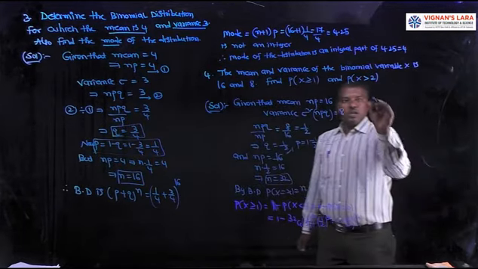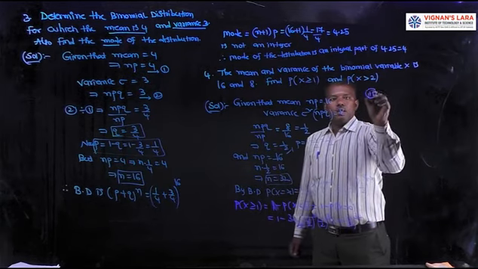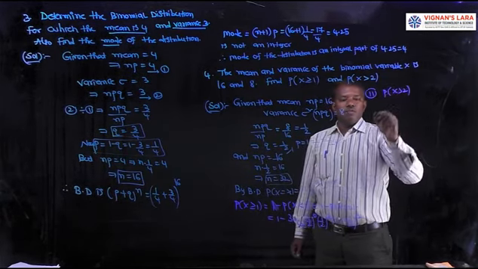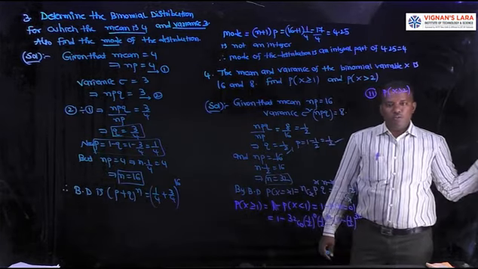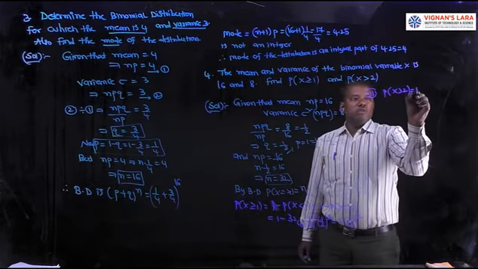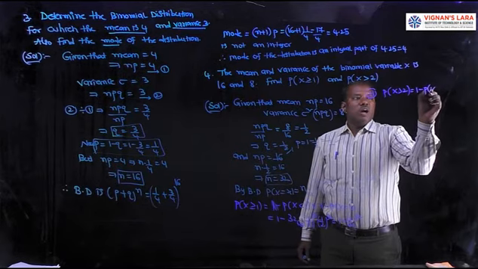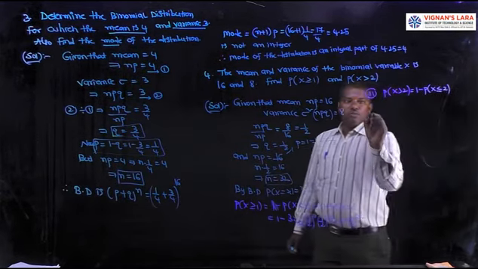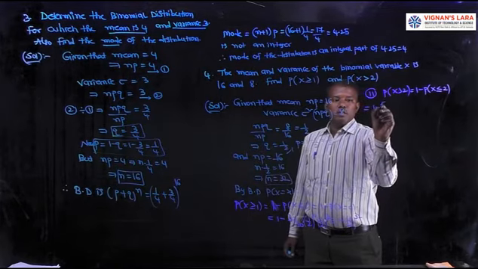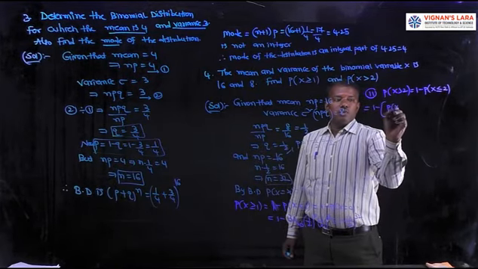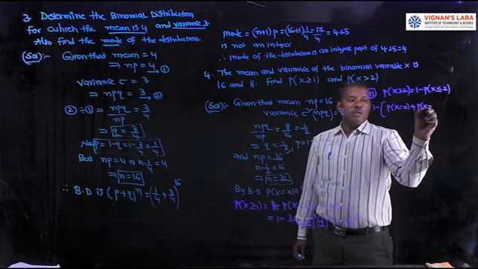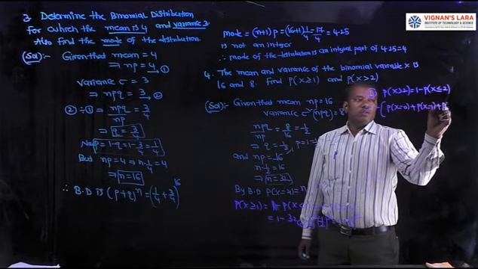Then coming to the next problem, P of X greater than 2. Greater than 2 means 3, 4, and so on up to 32, which is not practical. So it can be written as 1 minus P of the opposite of greater than 2, which is less than or equal to 2. That is equal to 1 minus of P of X equal to 0 plus P of X equal to 1 plus P of X equal to 2.